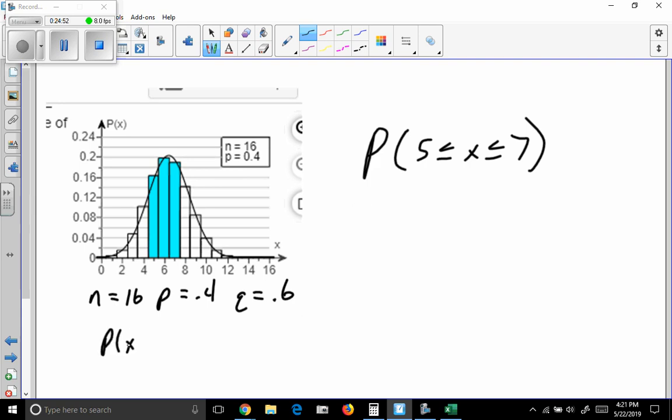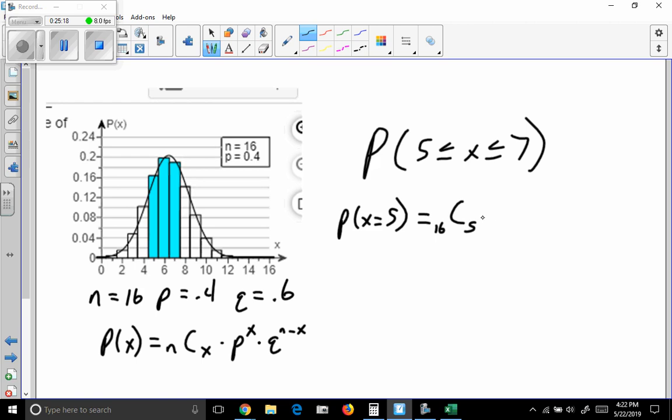That formula generically is N choose X times P to the X times Q to the N minus X. So for X equals 5 and N equals 16, this is 16 choose 5 times 0.4 to the 5 times 0.6 to the 16 minus 5. Remember, 5 is the number of successes. This exponent is the number of failures.